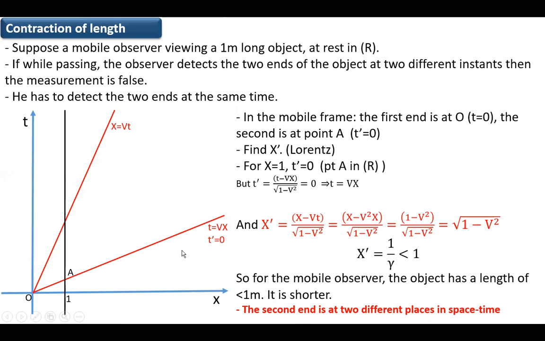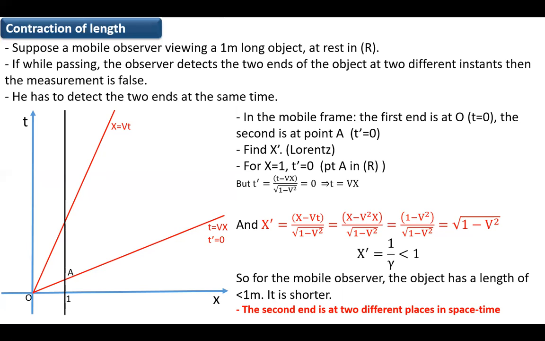So the second end of the object is here with respect to an observer at rest, and it is here at point A for an observer moving at a speed v. So they are detecting two different points of space and time.